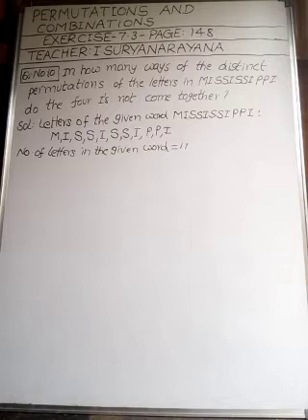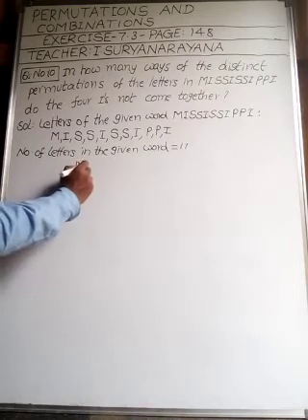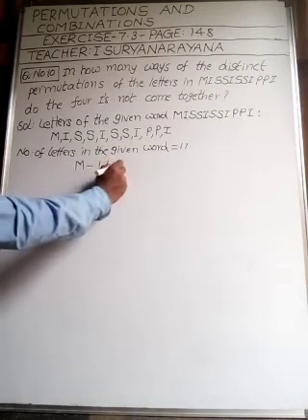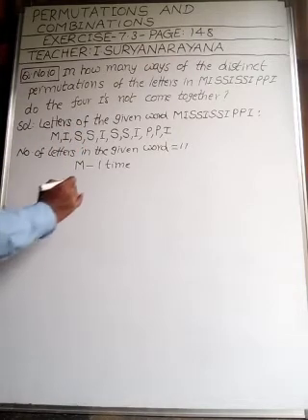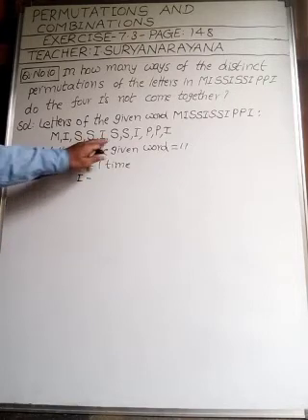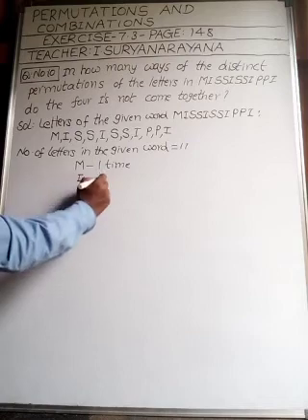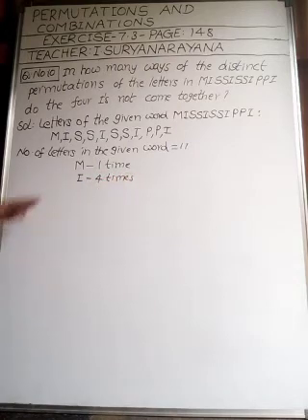11 letters. Out of which, see there, M is only one letter. Only one M letter, one time. The letter M is only one time. Identical I's. How many I's are there? 1, 2, 3, 4. 4 I's. This I is 4 times. Identical objects, 4 objects are there.